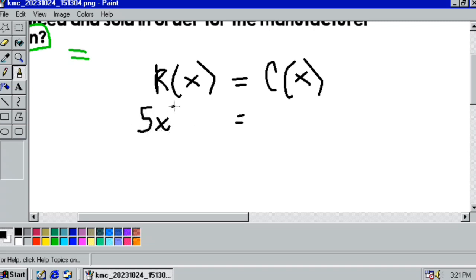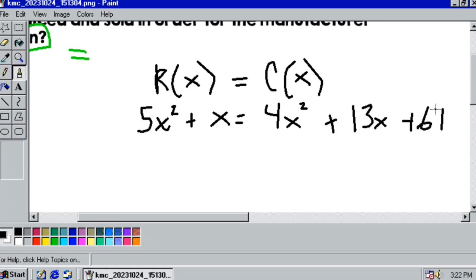I read it. 5x squared plus x. Now for the cost, we have 4x squared plus 13x plus 64. Now, how are we going to solve this?